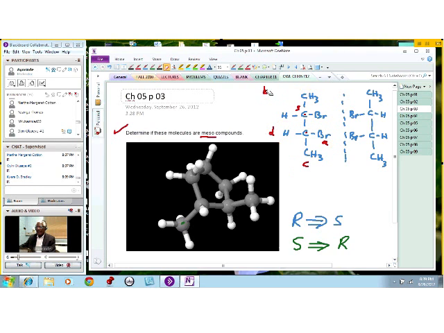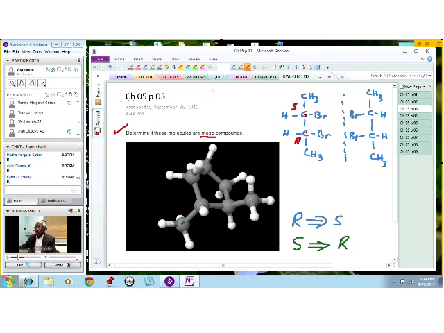So what am I getting at here? So we now say this is R. And we know that this is S. So now, if I give you a molecule and I tell you to determine whether the molecule is a meso molecule or not, what to do, take a look at the chirality carbon.